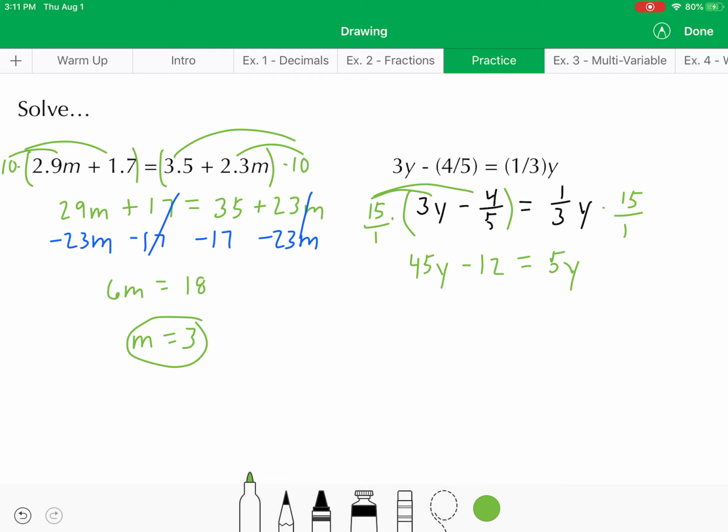All right, so I personally like my variables to go to the left, my constants to go to the right, so I'm going to end up with 40y equals 12 here. Divide both sides by the 12, or by the 40, and let's see, they have a 4 in common, right? So 12 divided by 4 is 3, 40 divided by 4 is 10. 3/10.